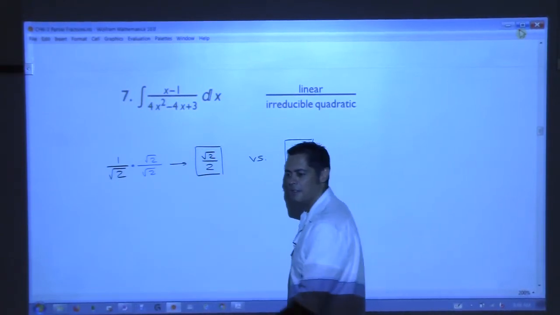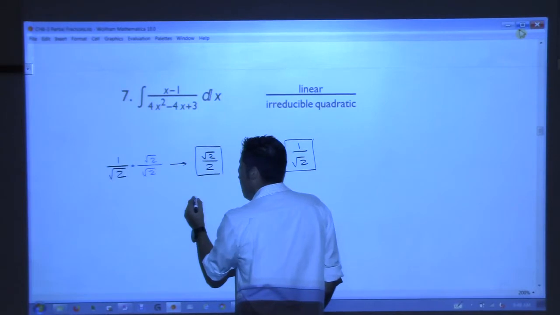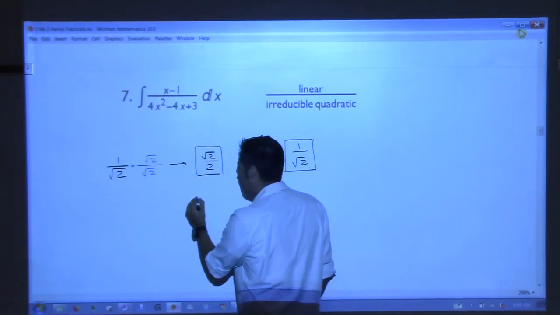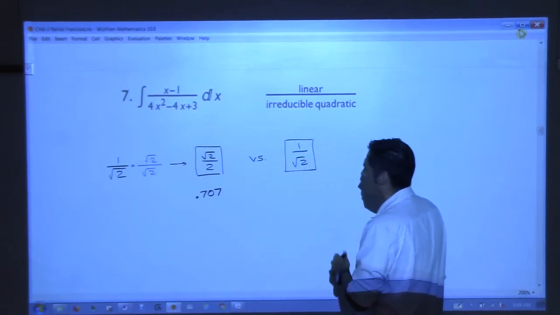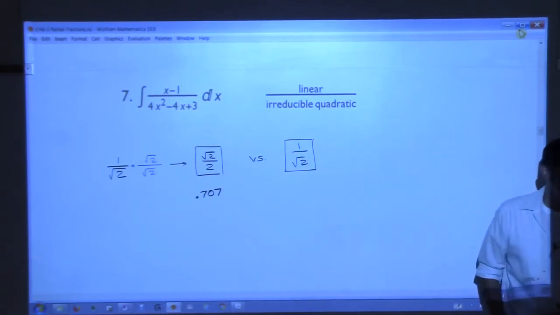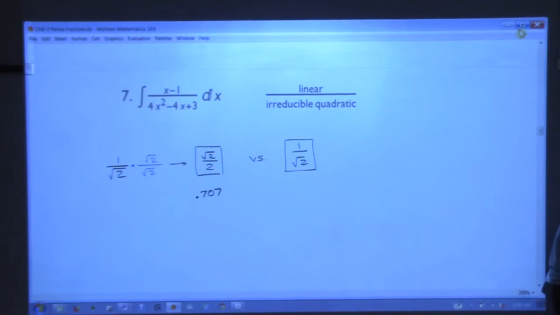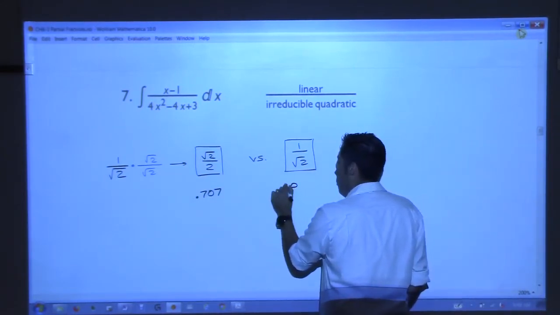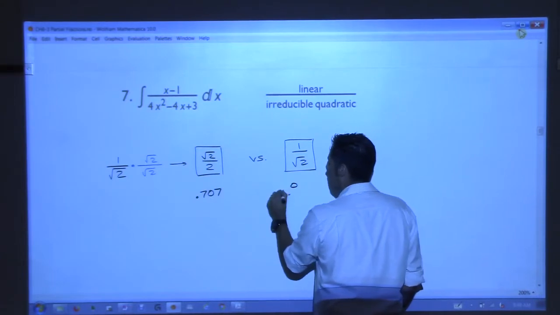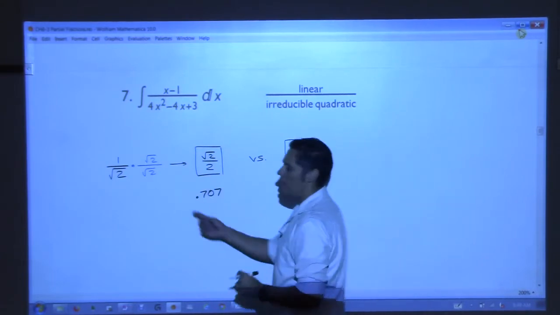What do you get? 0.707, right? Something like that? There are more decimals. Okay, so what about 1 over root 2? You better get the same thing, right? We should get the same thing because all we did was multiply it by 1, right?